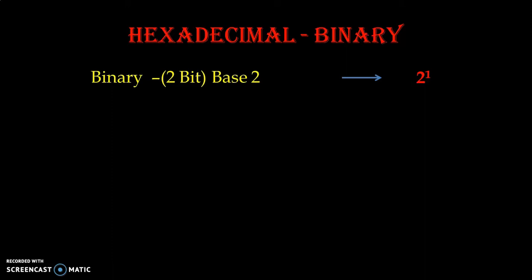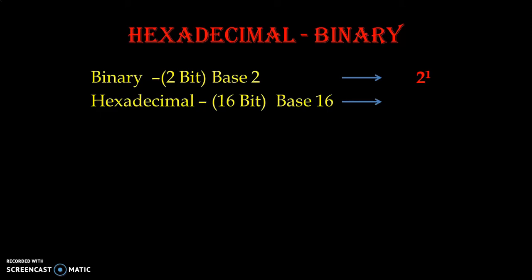Now let us compare hexadecimal number with binary number. In case of hexadecimal number, we have a total of 16 digits, that is 0 to 9 and A, B, C, D, E, F. And the base for hexadecimal number is 16.